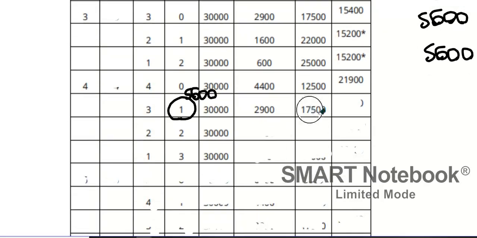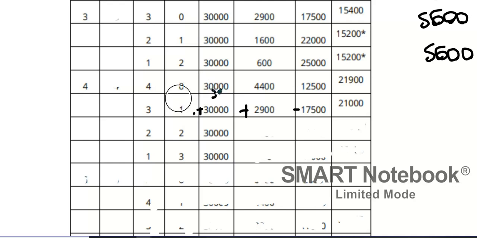Sell the car after 3 years, you get 17,500. So you're going to do 5,600 plus 30 grand plus 2,900, take away 17,500. And you get an answer of 21. Is that right? Yeah, it is. 21,000.